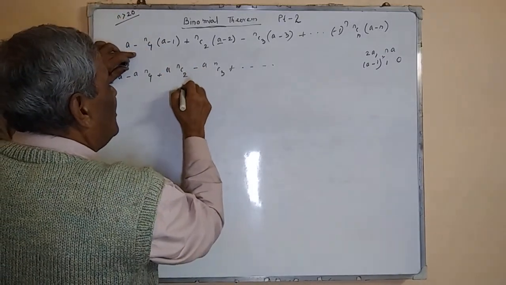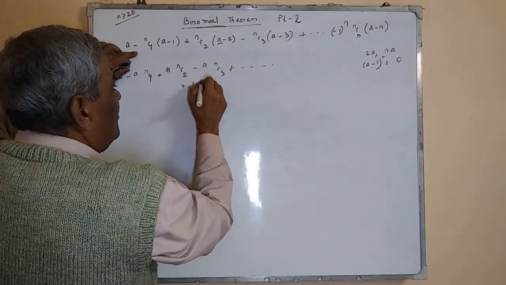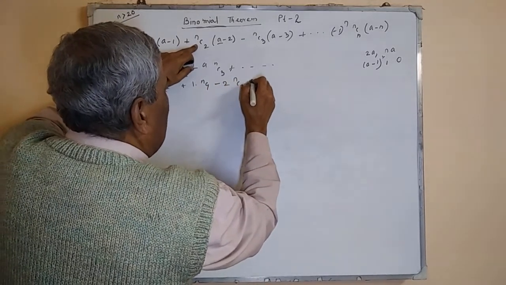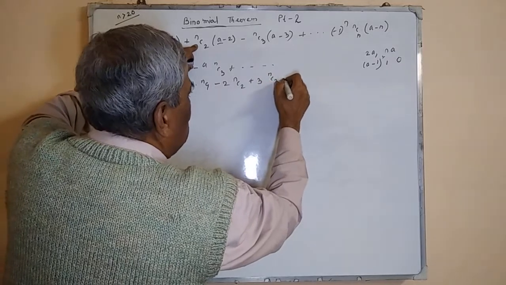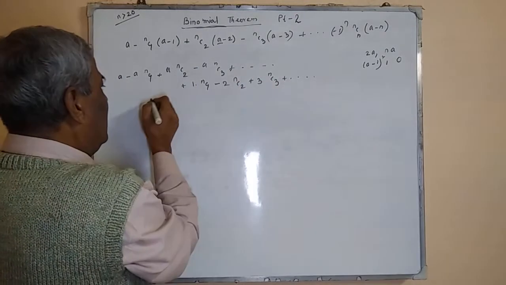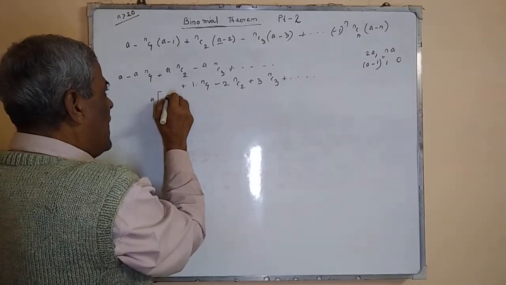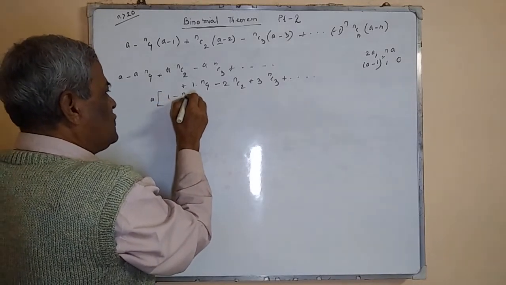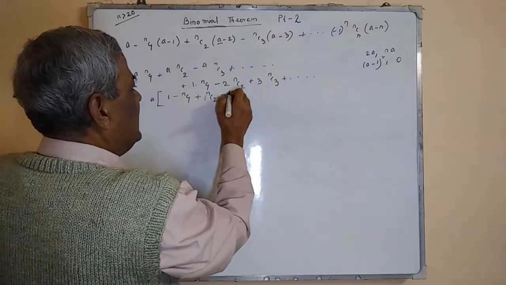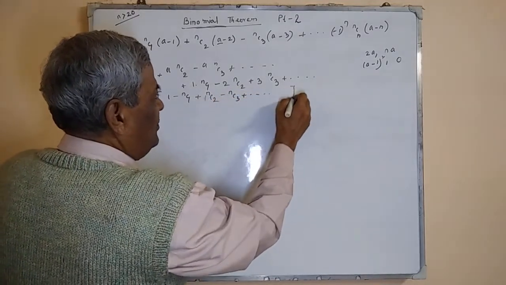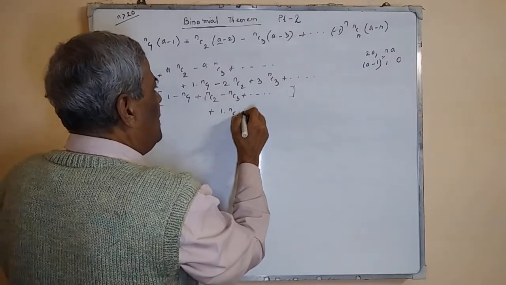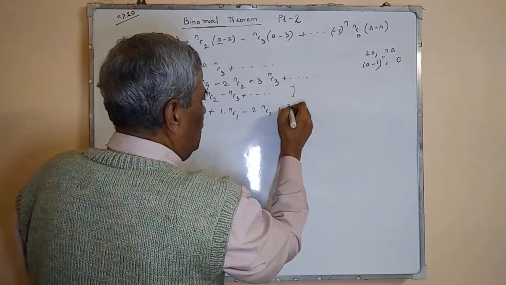Plus, then, 1 into nC1, minus 2 into nC2 plus 3 into nC3 and so on. From the upper line, we can take a common, and it is equal to nC0 minus nC1 plus nC2 minus nC3 and so on. And the second line is intact: 1 into nC1 minus 2 into nC2 plus 3 into nC3 and so on.